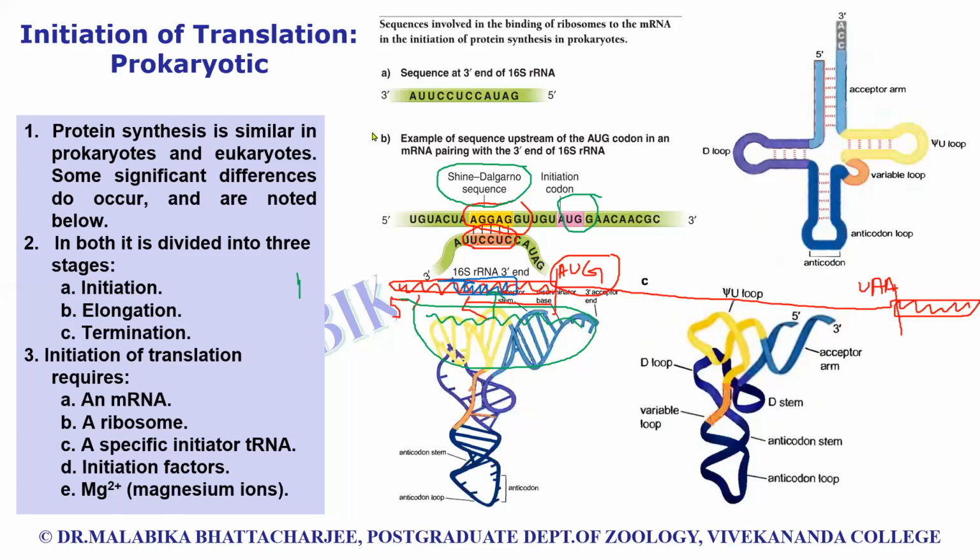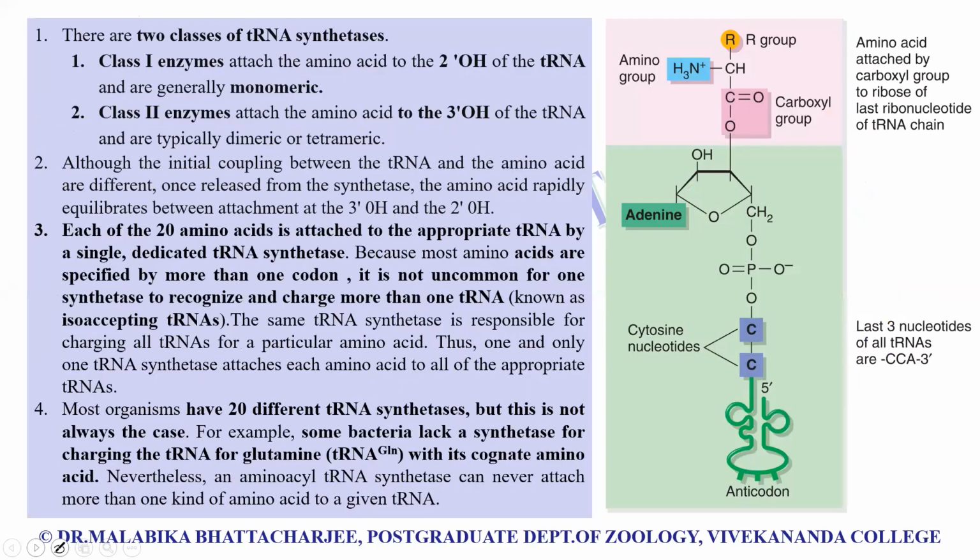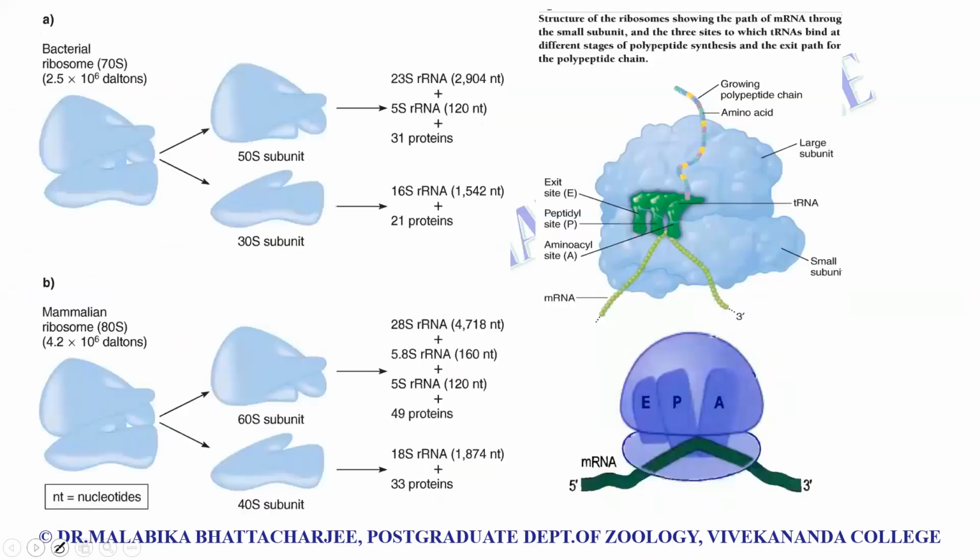I just want to show you one picture that is relevant to this. Just a second, at times this hangs. So these are the two ribosomal subunits, 50S and 30S.